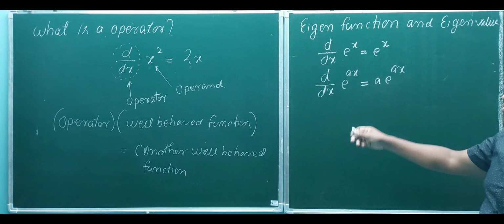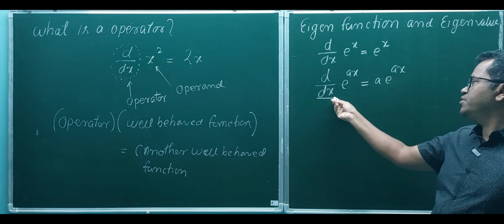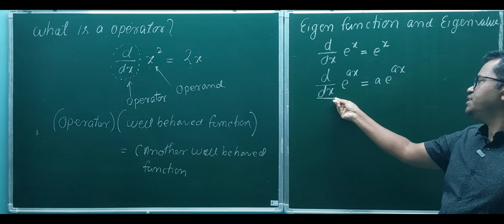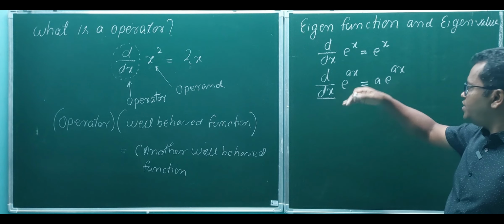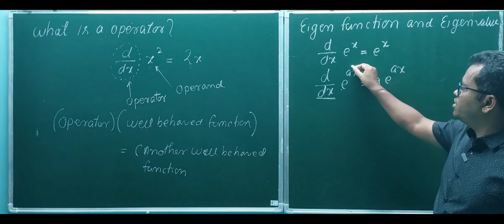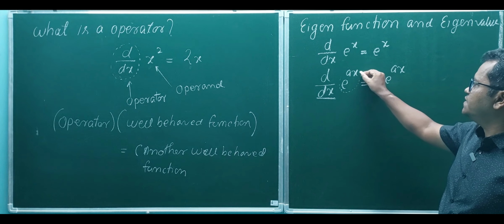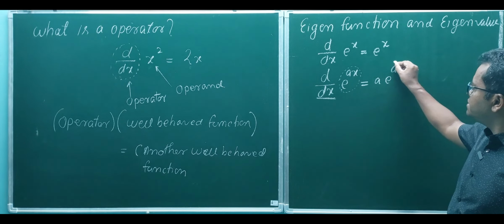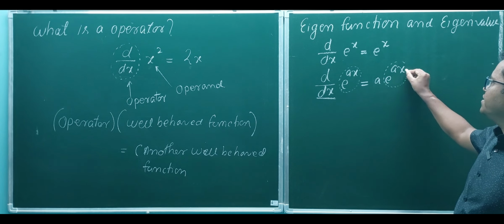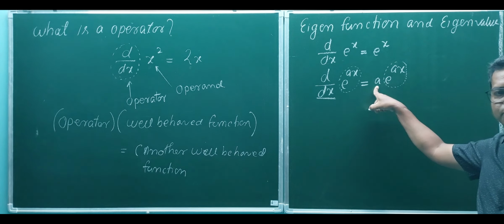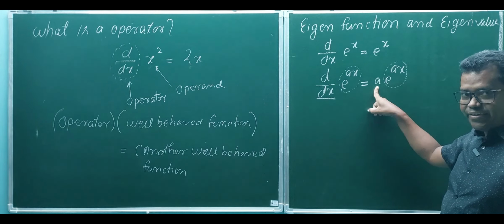Now you see, this is the mathematical rule, this is the operator which after operation on this function gives the same function multiplied by constant quantity a.